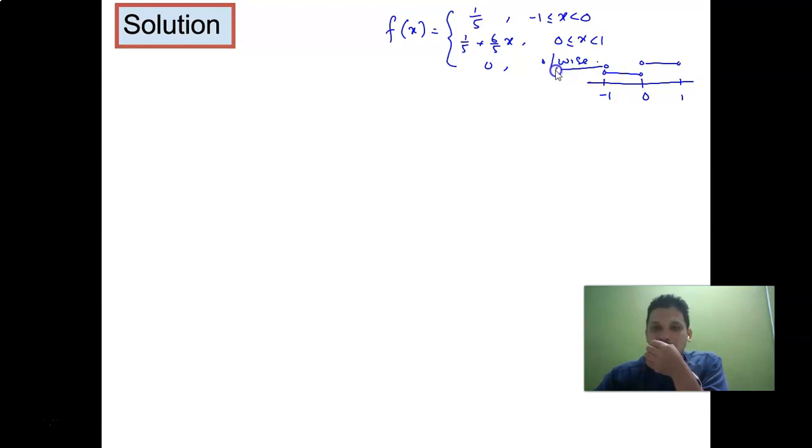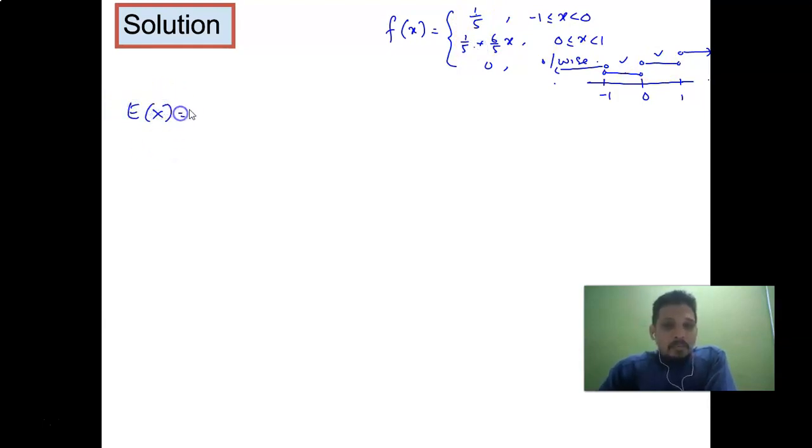So for the rest of the domain, from negative infinity until negative 1 and 1 to positive infinity, the function is 0. So we may ignore this part and this part. We only refer to these two domains, since these two domains have a function.